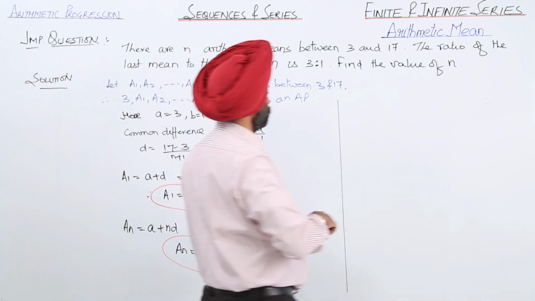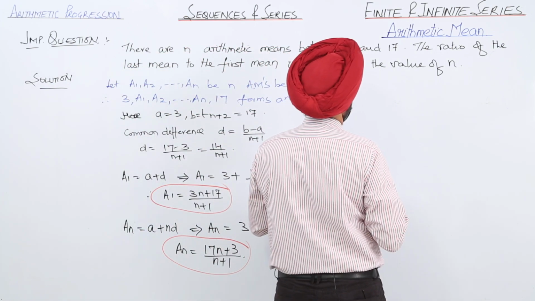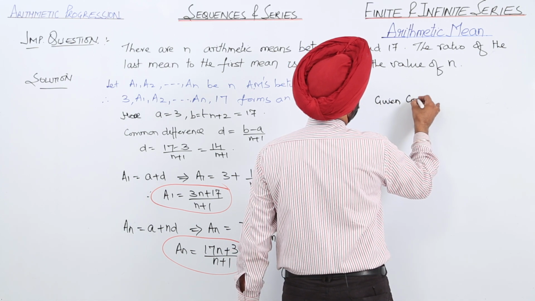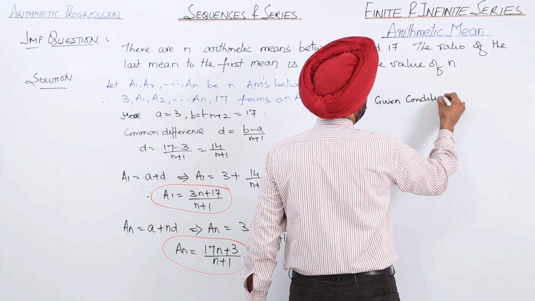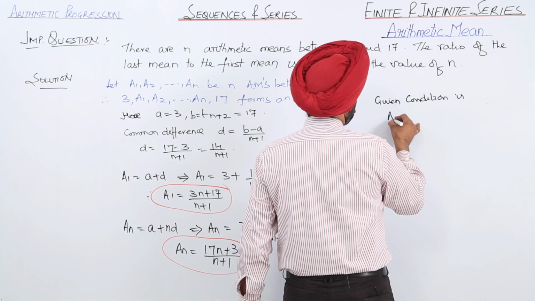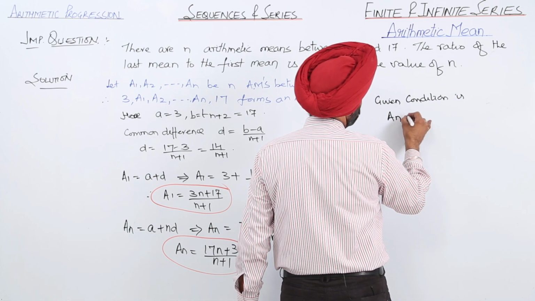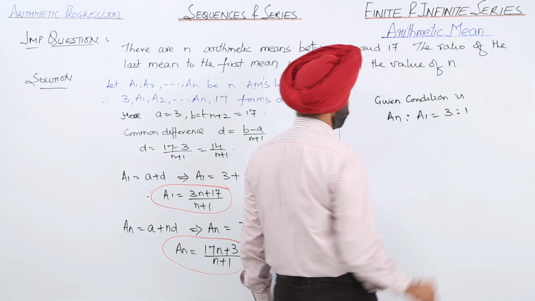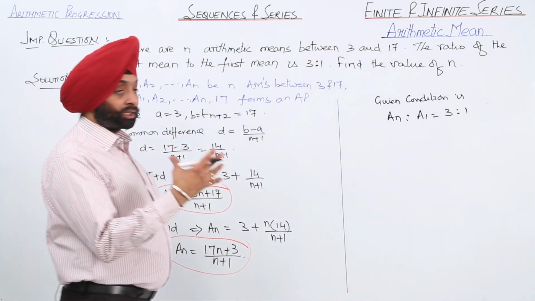Now, the given condition is the ratio of the last mean to the first mean is 3:1.